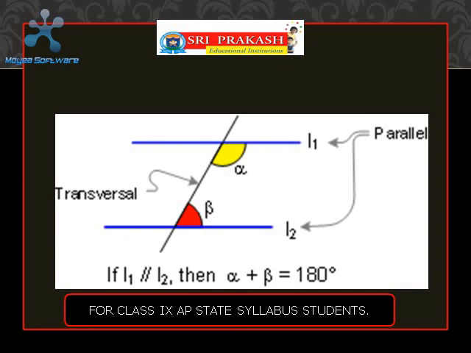Here alpha and beta, these two angles are called interior angles on the same side. Interior means inside. So the sum of these two interior angles on the same side is 180 degrees. If L1 is parallel to L2, then alpha plus beta is equal to 180 degrees. And these two are called interior angles on the same side.